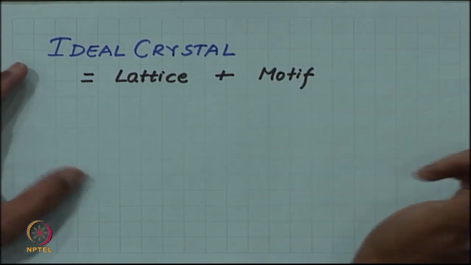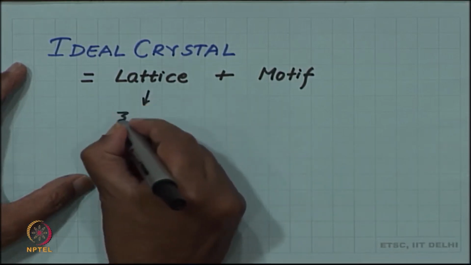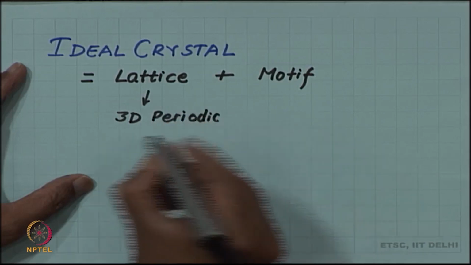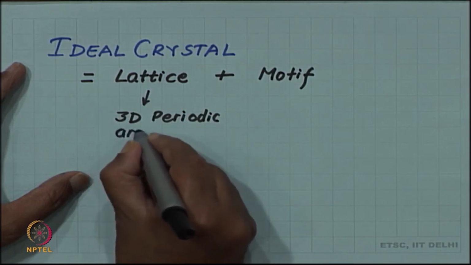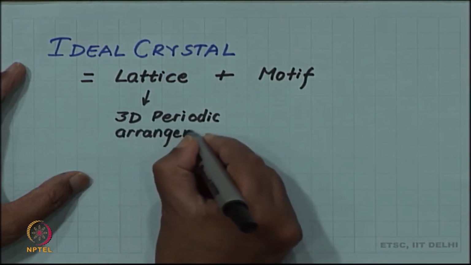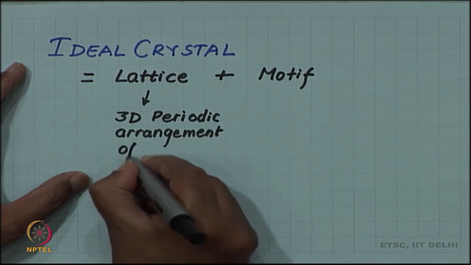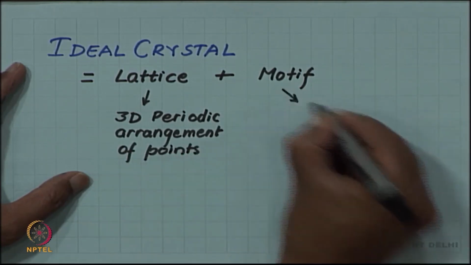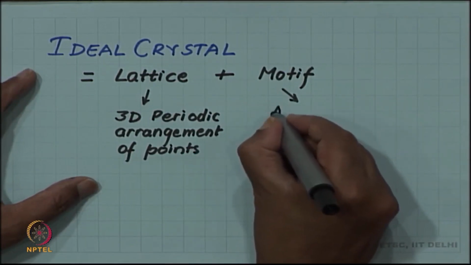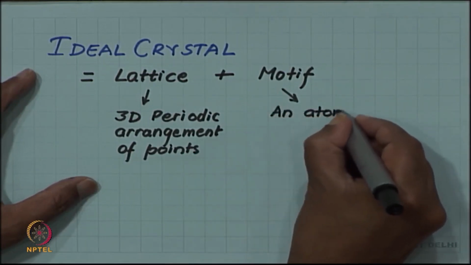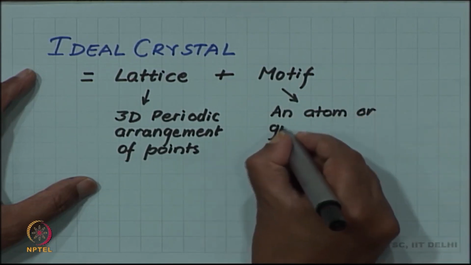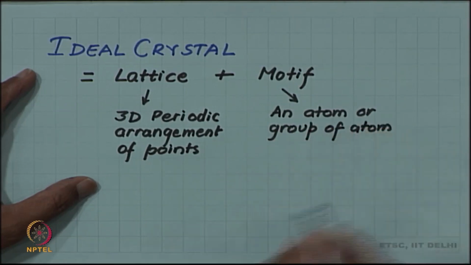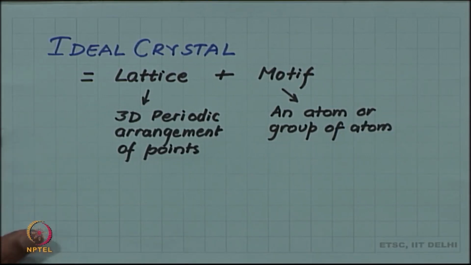And we said that the lattice was a 3-dimensional periodic arrangement of points, and motif, then on each of these points we put an atom or a group of atoms associated with each lattice point.